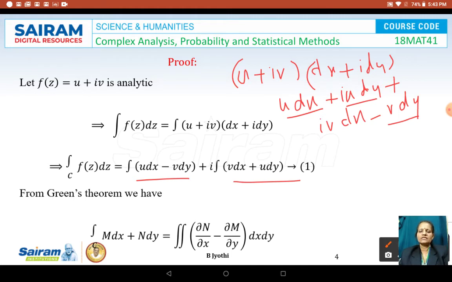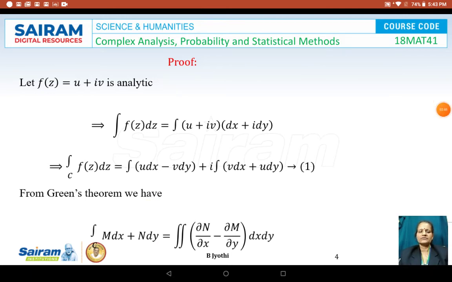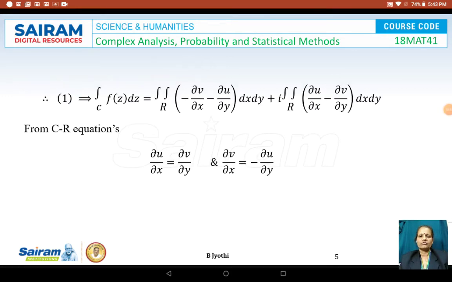Now we can use Green's theorem, which I have already stated: the integral of m dx plus n dy along the curve is given by the double integral over the region of dou n by dou x minus dou m by dou y dx dy. So let us apply Green's theorem to equation 1.